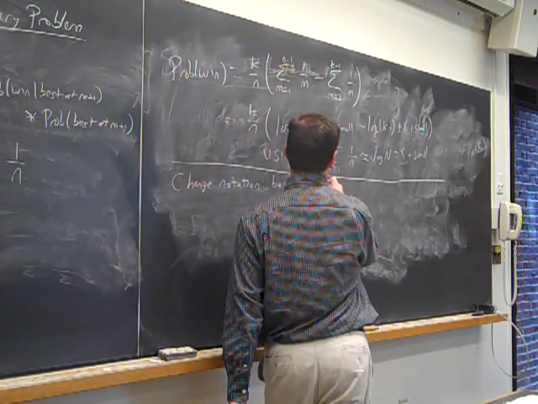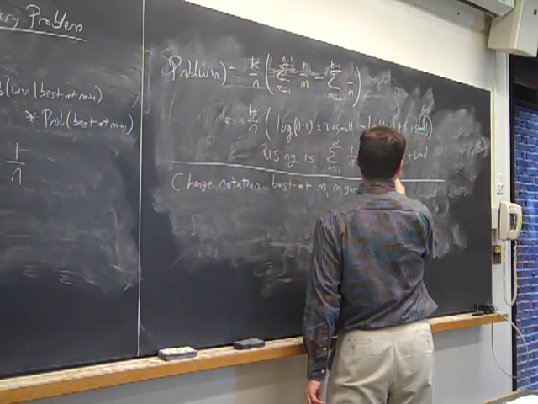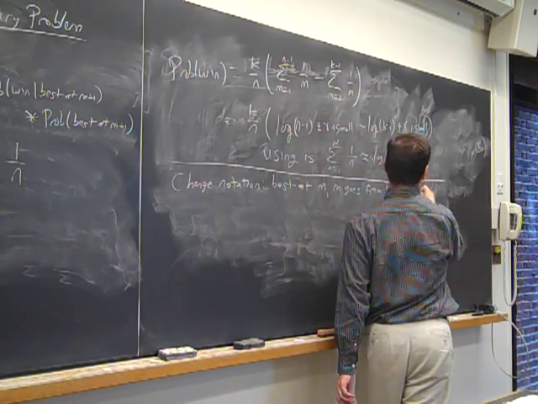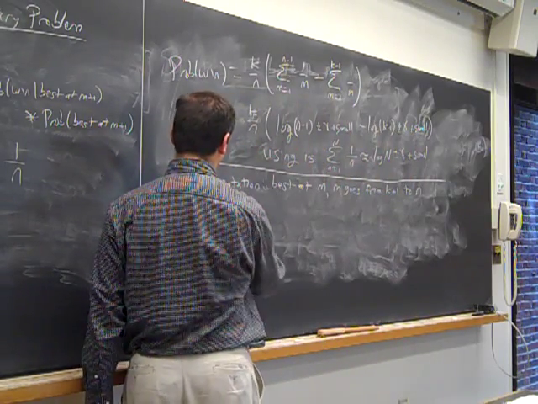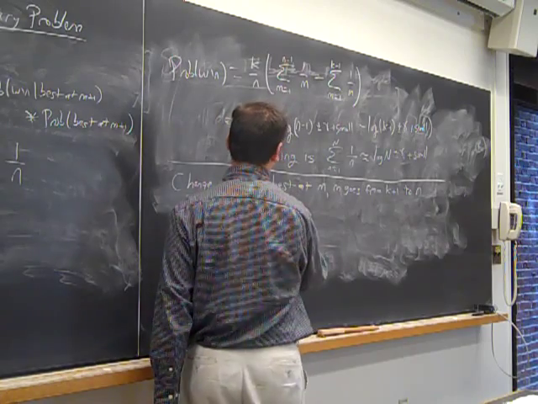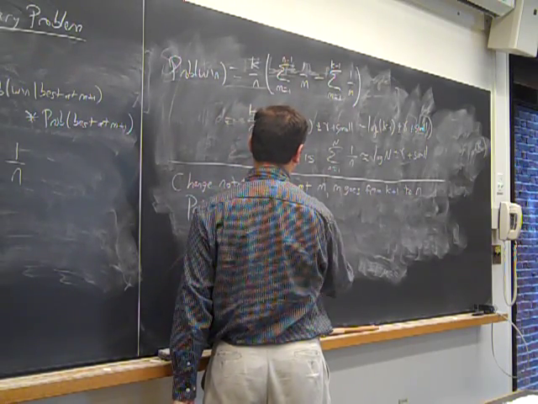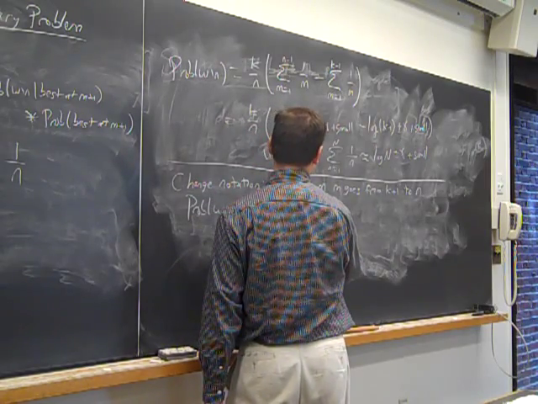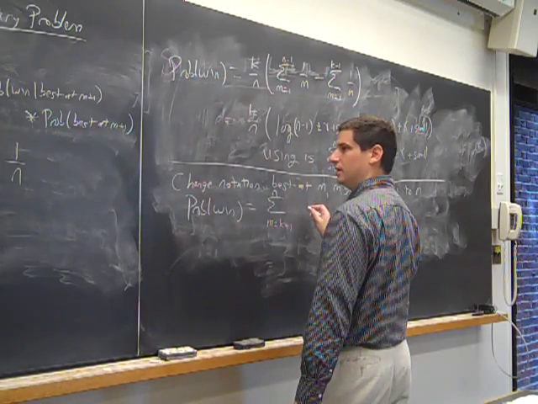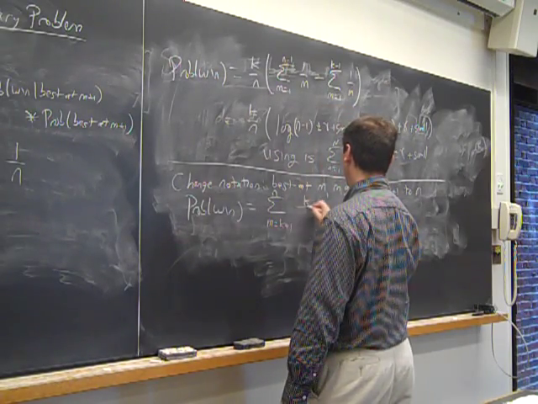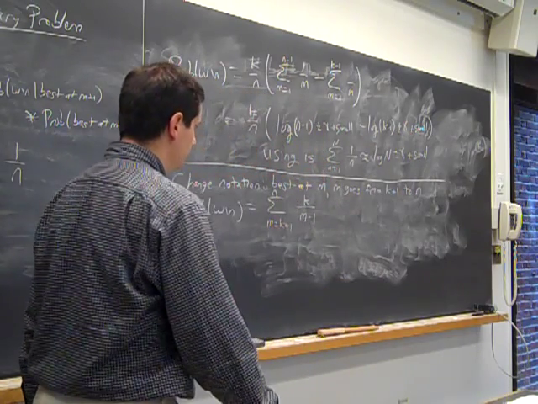Best is at M. M goes from K plus 1 to N. In that case, we would get the probability of a win is going to be the sum, M goes from K plus 1 to N of, now, before we had K over M, now we have K over M minus 1, right?